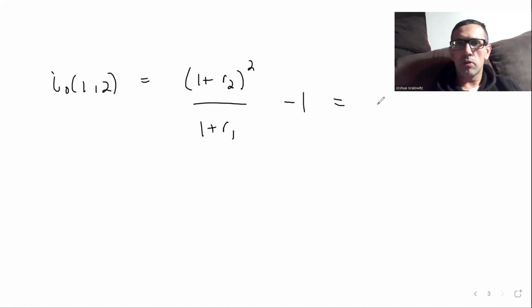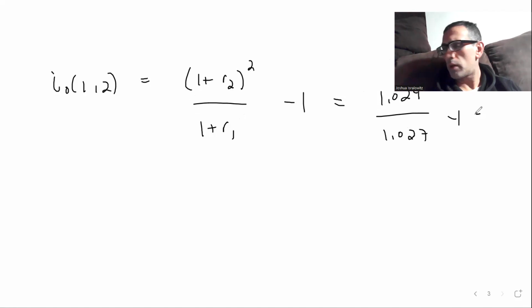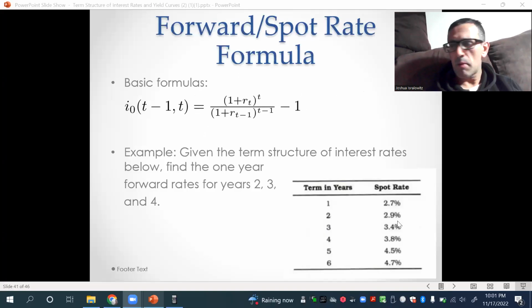And if you go back to the table, this is 1.029 squared over 1.027 minus 1. And you get about 3.1%, 0.031. So let's go back real quick and take a look at this. This is the 2-year spot rate, and this is the 1-year spot rate. Next, we're going to use the 3-year spot rate and then the 2-year spot rate, and then we're going to use the 4-year spot rate and then the 3-year spot rate.